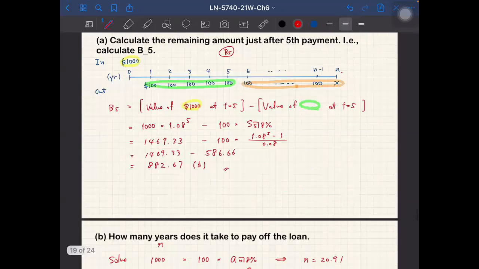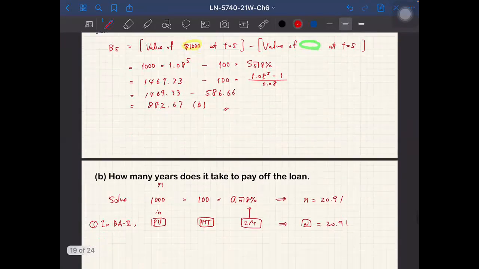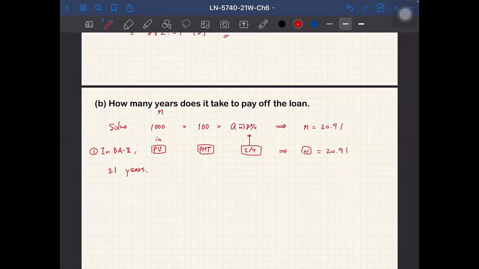That means if n is 20, we cannot pay off all $1,000. But if n is 21, then the last amount is slightly less than $100. So the answer is 21 payments, so 21 years.